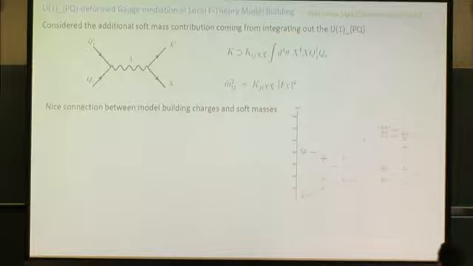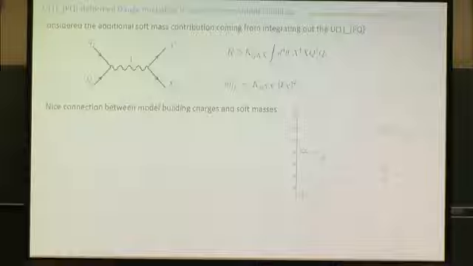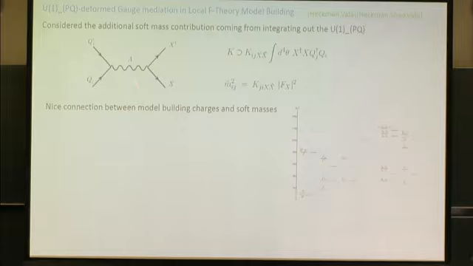You probably cannot see it very well, but I think the red lines are the soft terms as if you would calculate without this contribution, and the blue lines are the ones with the contribution from this thing. So you see that the soft terms get shifted, and they get shifted in a model-dependent way according to the charges of the visible sector. So again, a connection between model building and the soft term patterns. I think that's quite nice.